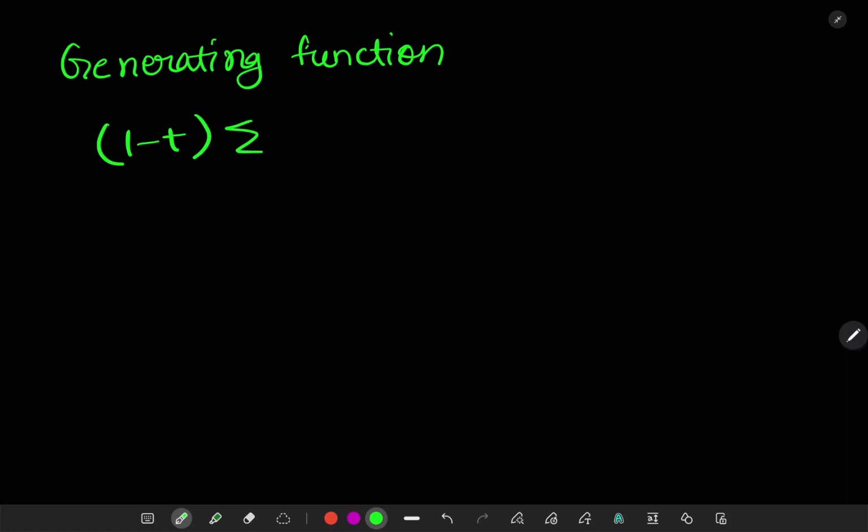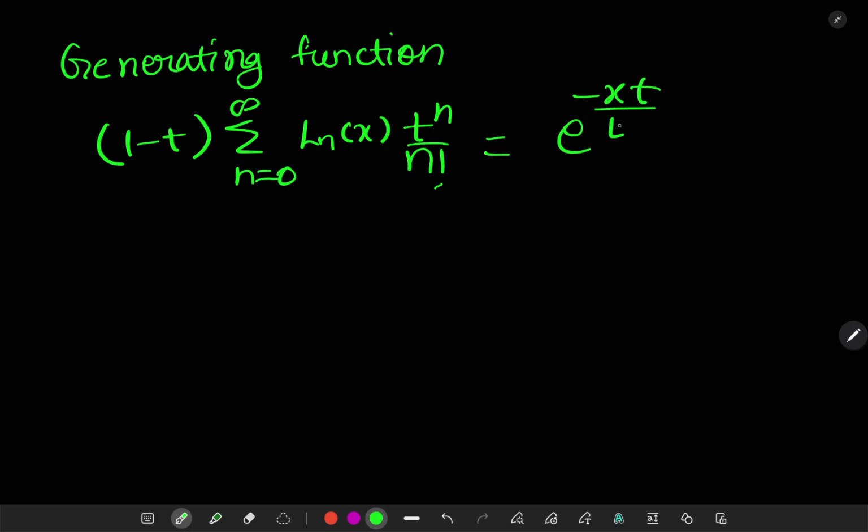Now generating function: 1 minus t summation n equals 0 to infinity Ln x t raised to power n factorial n equals e raised to power minus xt by 1 minus t.